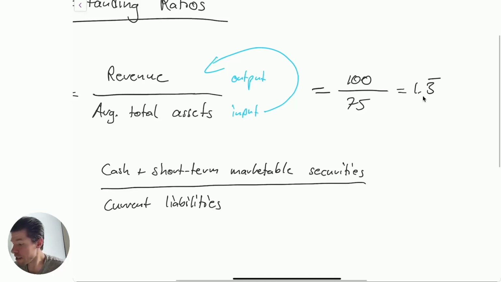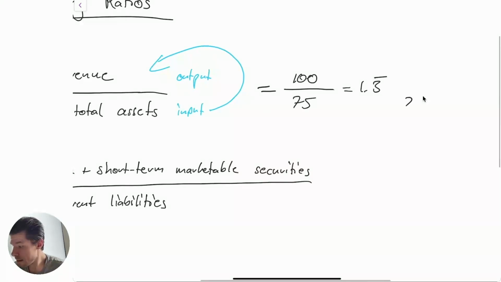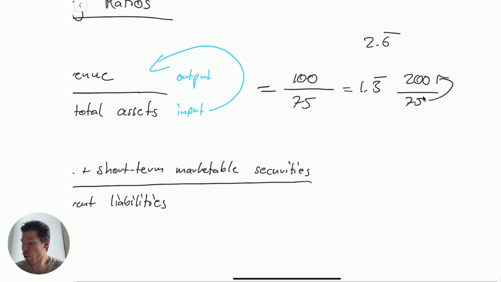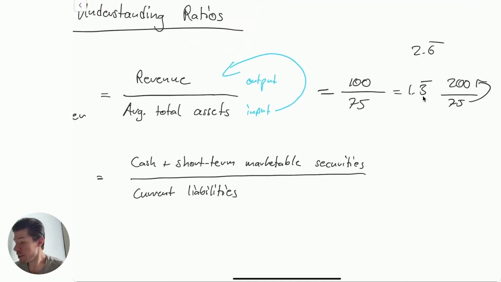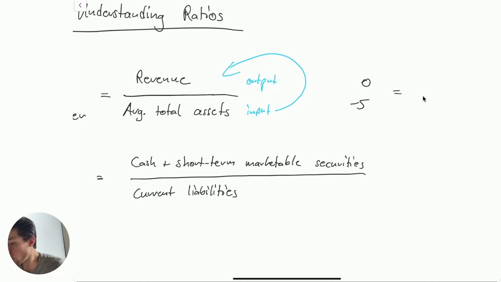Again, if you put 75 in, but the company is able to generate 200, then it's 2.6. And then you know, okay, the company has performed more efficiently. So here you know a higher number is better. Yeah, so think about input, output. One way to look at it.